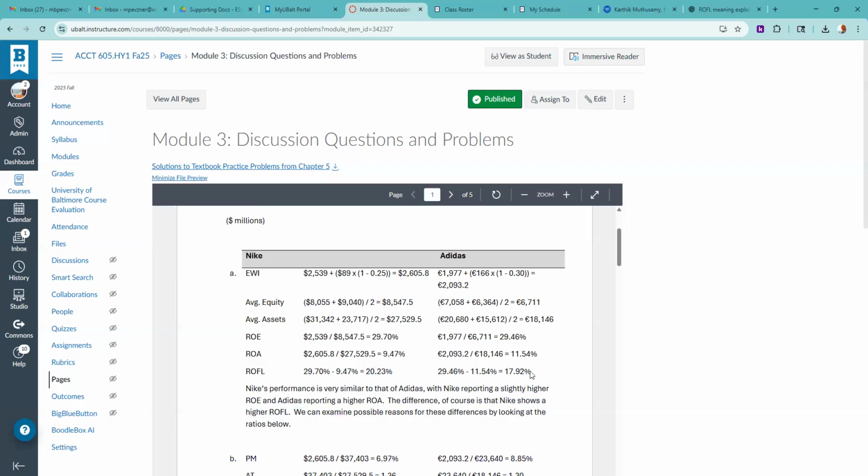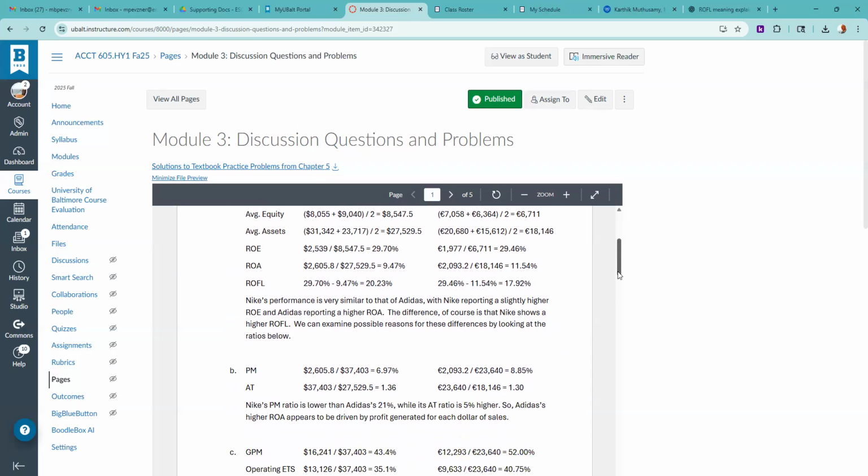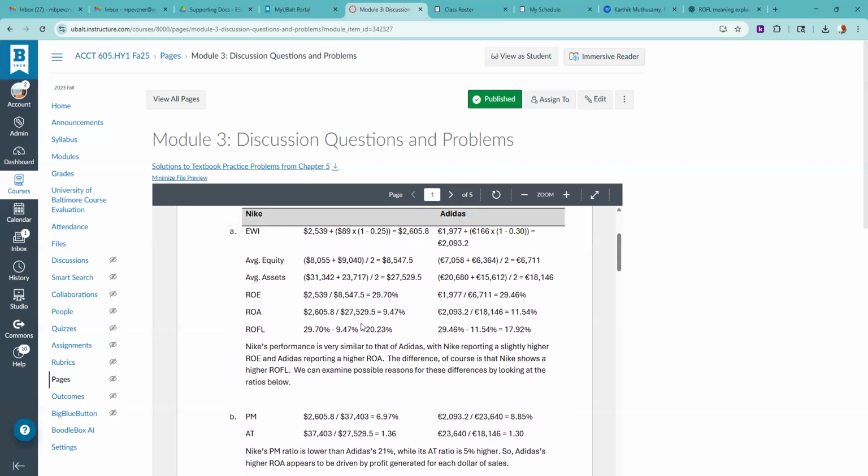So you can argue that ROFL is the effect of capital structure on the financial metric, which is not relevant, which is distortionary. So the point of this part of the question is to really focus on the ROA, which is a more valid metric of performance when comparing companies. And under this metric of performance, Nike clearly does worse than Adidas.